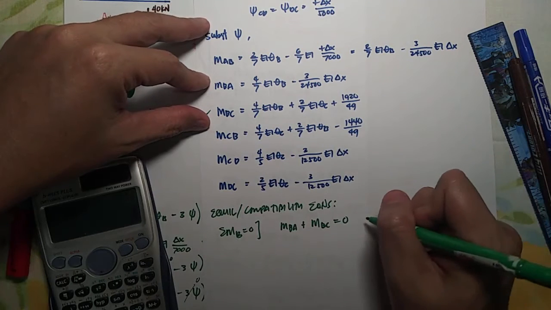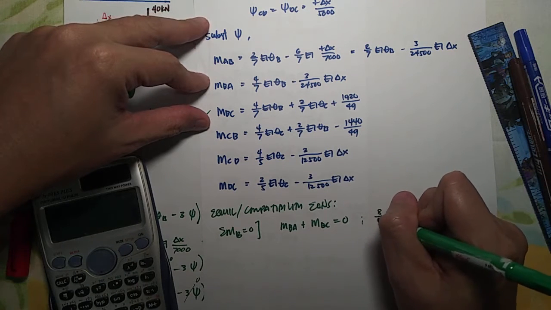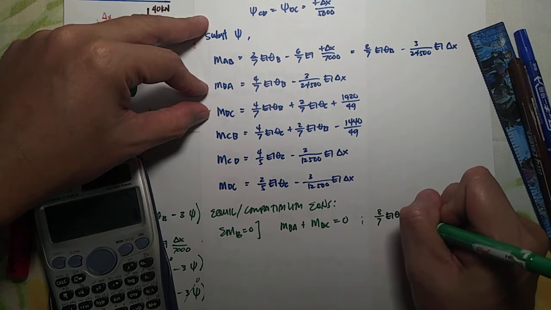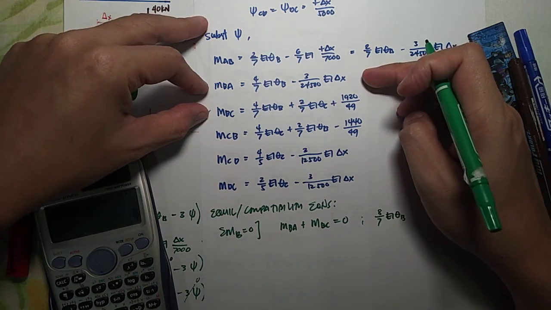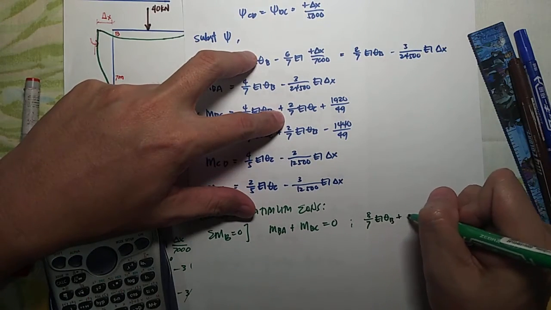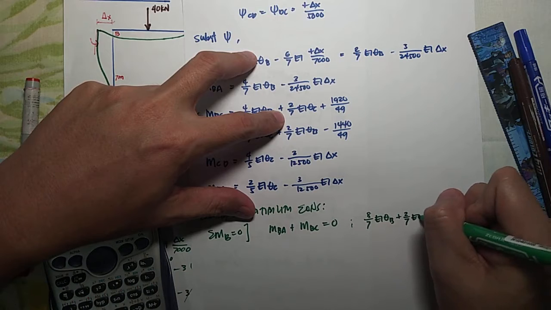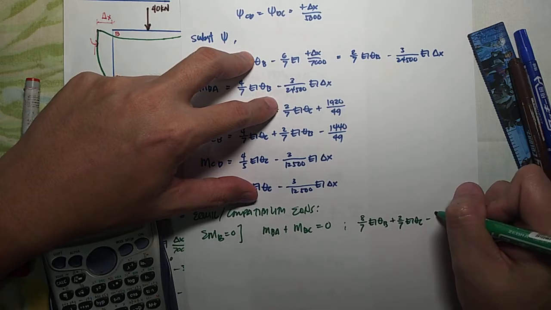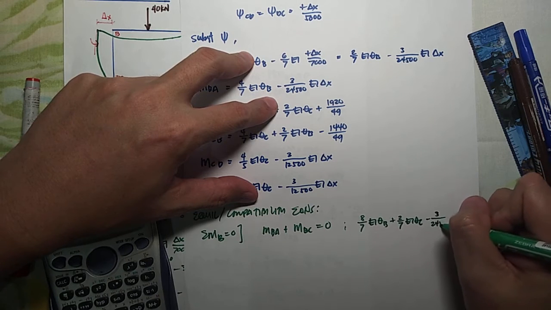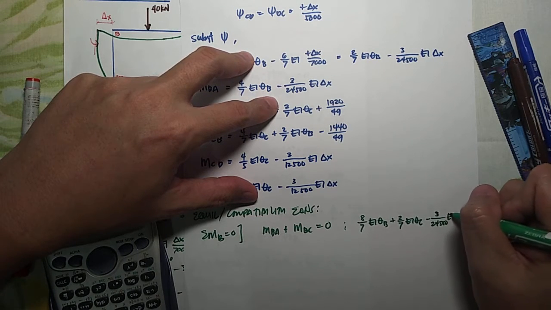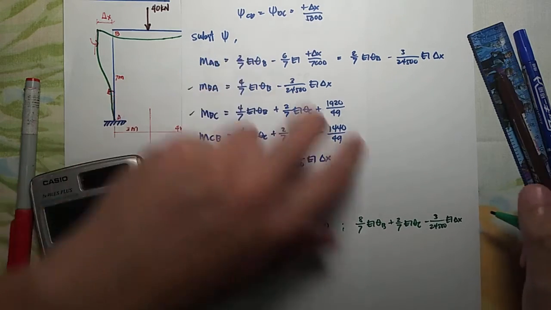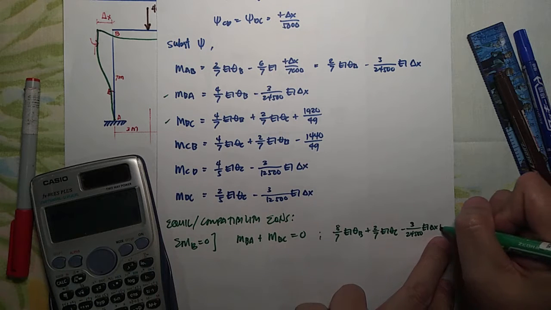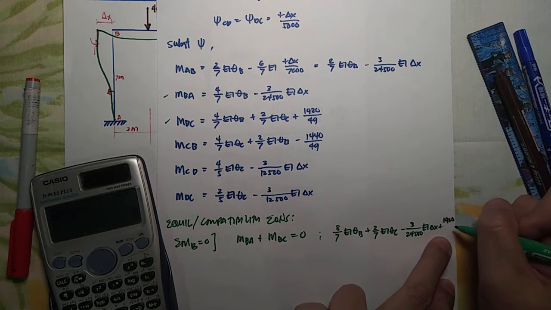So 8 over 7 EI theta B, then this one plus 2 over 7 EI theta C, then this one minus 3 over 24,500 EI delta X, then the constant plus 1920 over 49.